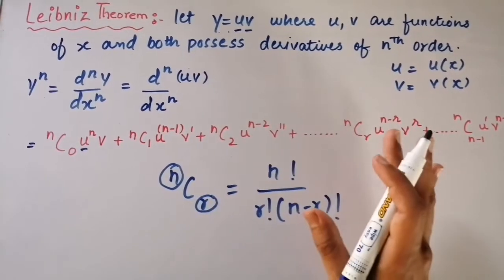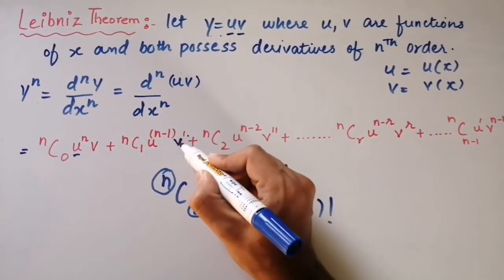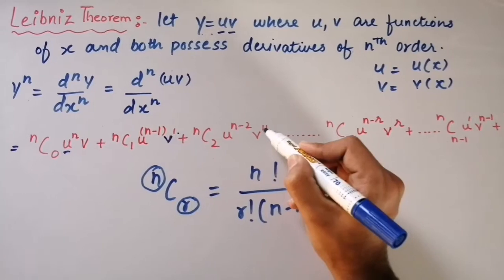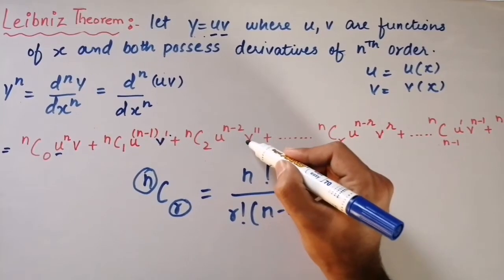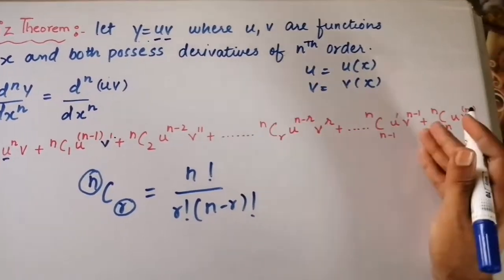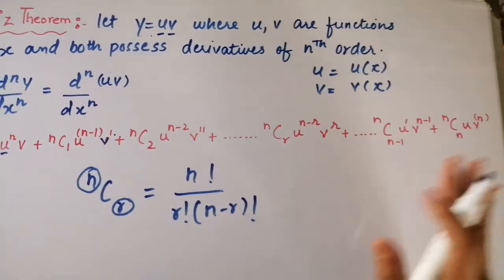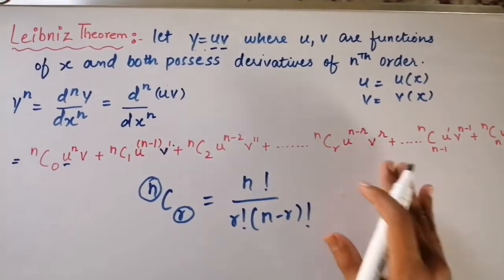The same is the case for v. Here v dash represents the first order derivative of v, and v double dash represents the second order derivative of v, and in a similar fashion vr is the rth derivative, and so on. We will get vn, that is basically the nth derivative of v. So it is known as Leibniz theorem.